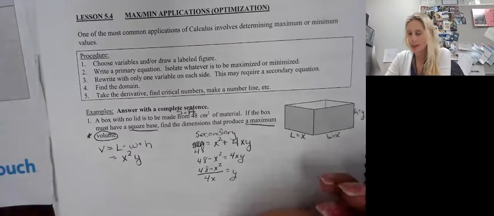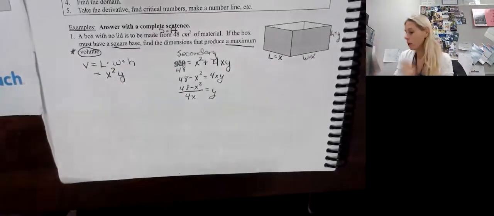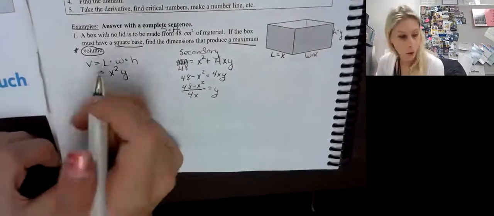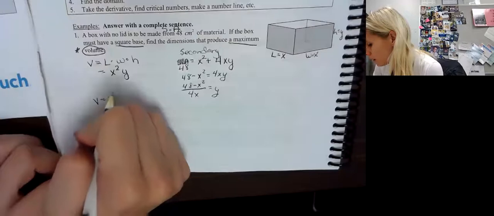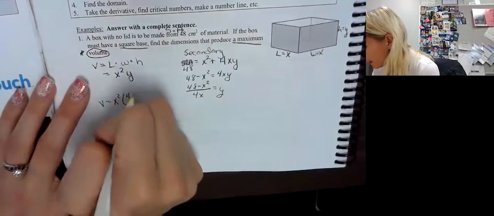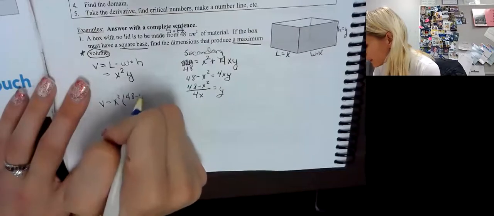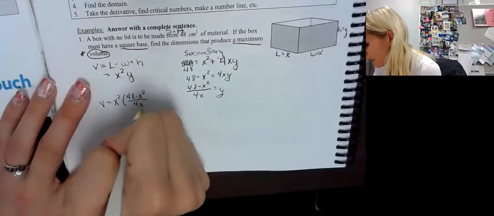We'll talk about that in a little bit. Keep that in mind. Okay, now what I'm going to do is substitute in. So our volume here is x squared times, now instead of y, I'm going to have this 48 minus x squared all over 4x.